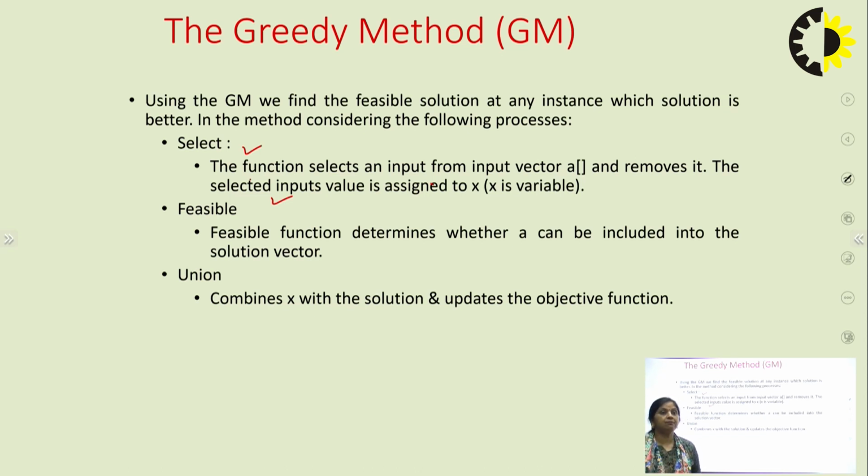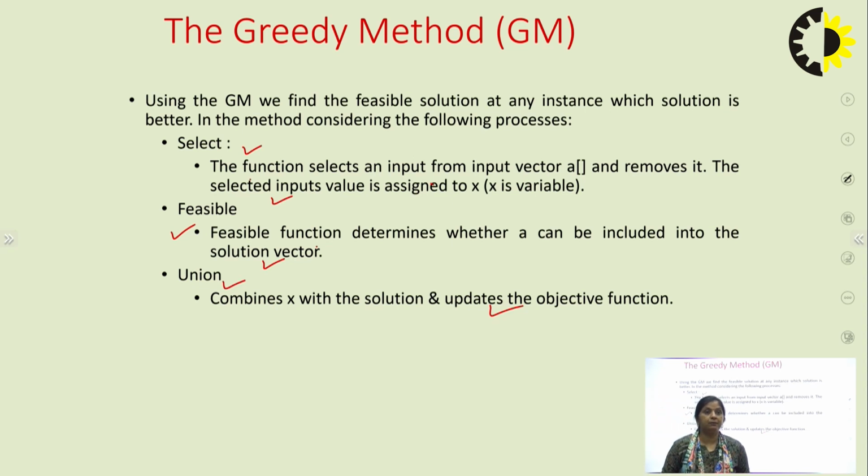We select the best thing locally, so we have the greedy approach when we are doing the selection. After doing the selection, we check whether it is feasible to include it in the solution vector. So the second point is that the feasibility check determines whether X can be included in the solution vector. Now, if it is feasible, then we add it to the solution: combine X with the solution and update the objective function.